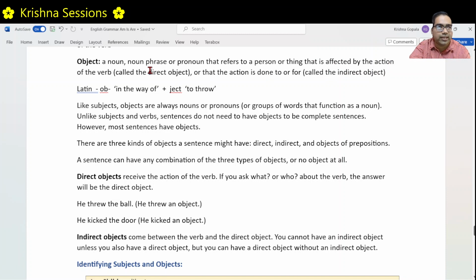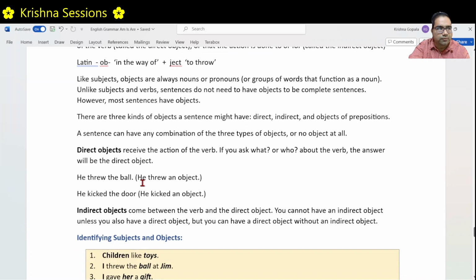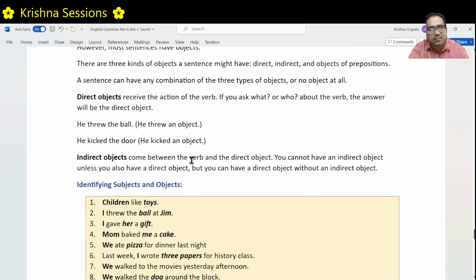And what is affected by the action of the verb, that is called the direct object. Direct objects receive the action of the verb. If you ask what or who about the verb, the answer will be the direct object. He threw what, he picked what, that is the answer. What the answer that we get is the direct object. The indirect object comes between the verb and the direct object, and it is generally for whom it is done.